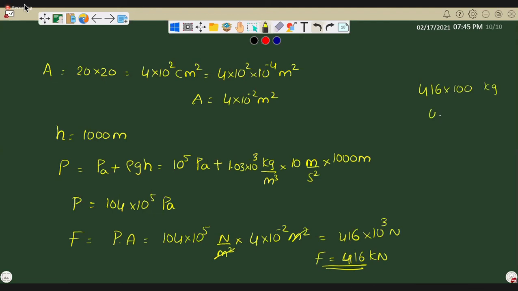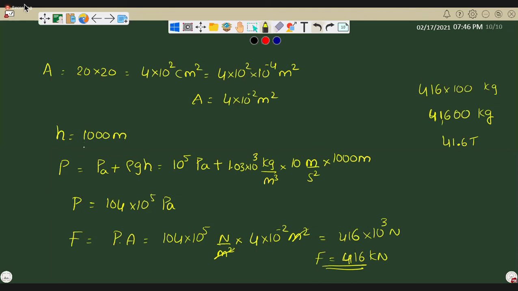So 41,600 kg weight if you put on a 20 by 20 centimeter area. Imagine how much it is. So 41.6 tons of weight is acting on your 20 centimeter by 20 centimeter window only at 1 kilometer depth.